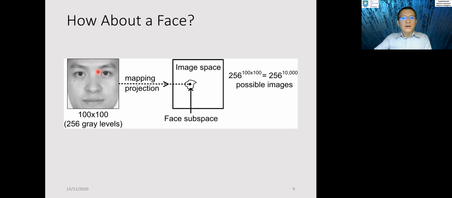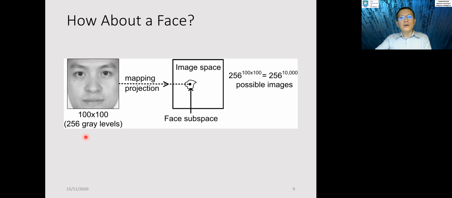And then this one image will become just a point in that 10,000 dimensional image space. At that point each coordinate has 256 possible values.